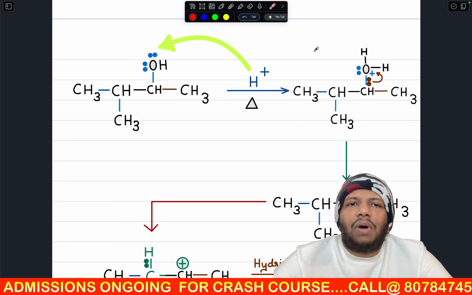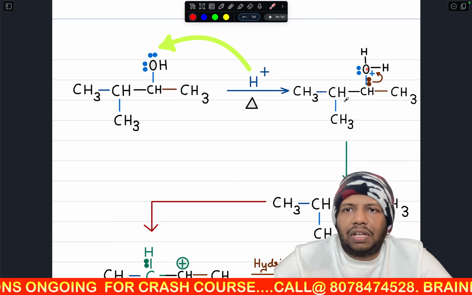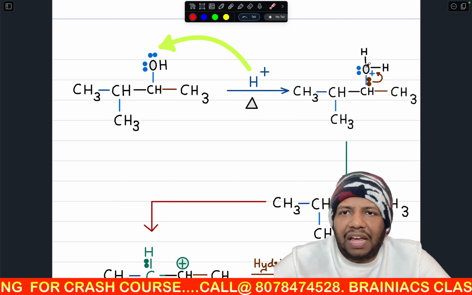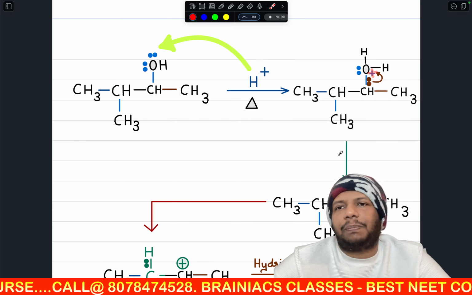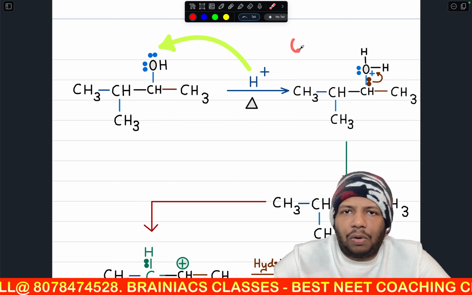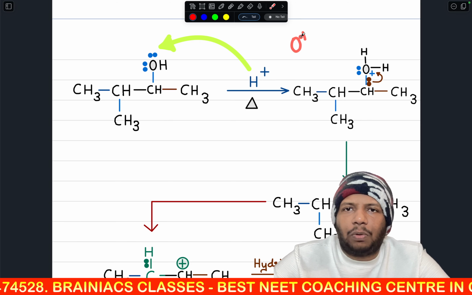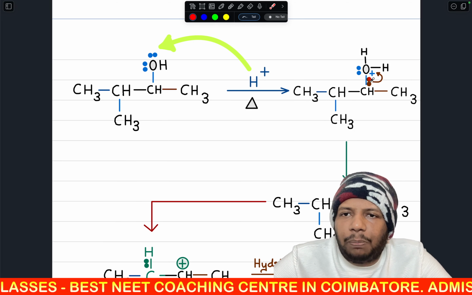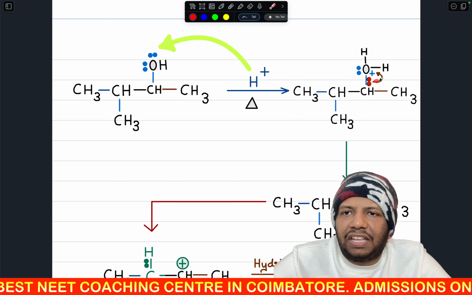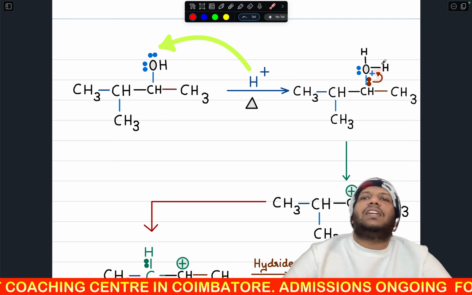Now what will happen, sir? Now I can say here water is formed and oxygen has lost its lone pair. Because of that, you can see a plus charge is appearing. We know that an electronegative atom like oxygen with a positive charge is highly unstable. So what will it try to do? It will pull the electrons that are present here towards this direction to make it stable.